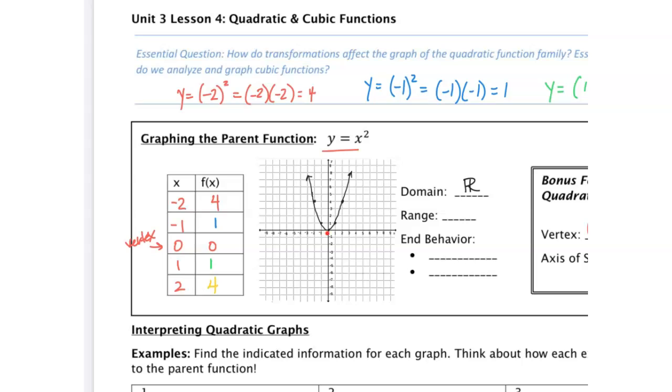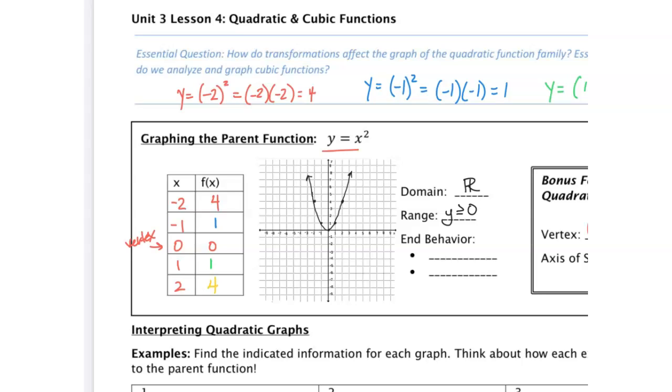So the lowest y value here would be a 0. And then our graph continues upwards. So our range has to do with the possibilities of y's, all of the y possibilities. So this would be y is greater than or equal to 0 for this one.